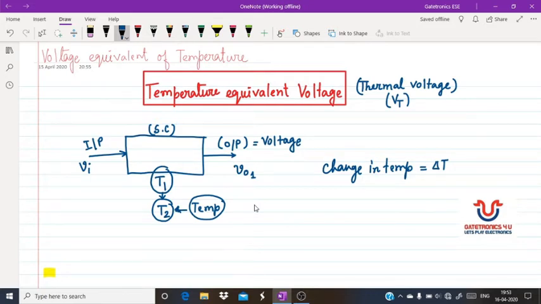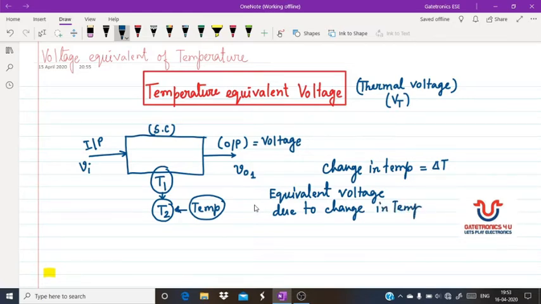So the equivalent voltage due to the change in temperature is nothing but the thermal voltage Vt. That means we are converting the change in temperature into the change in voltage, and that is nothing but the thermal voltage. So Vt is the thermal voltage.